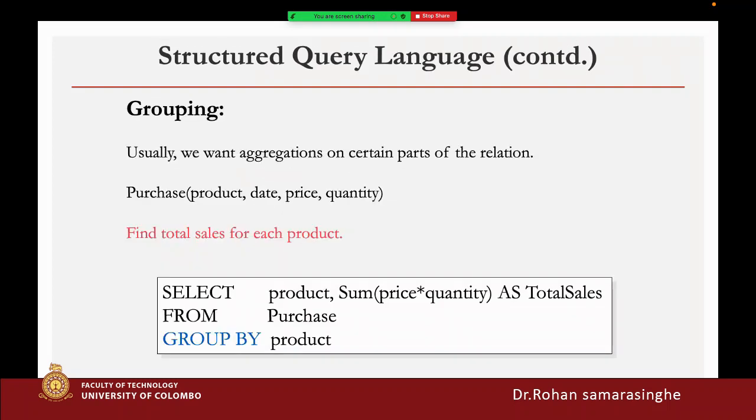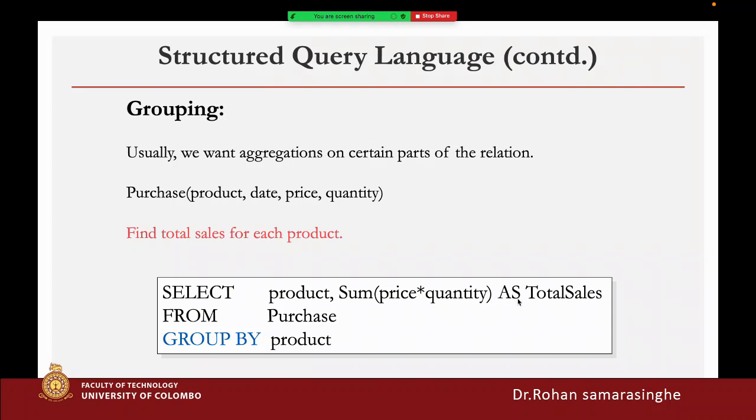Here in this case, find total sale for each product. Select product and sum. You want to have the product and the sum of price into quantity as total sales.